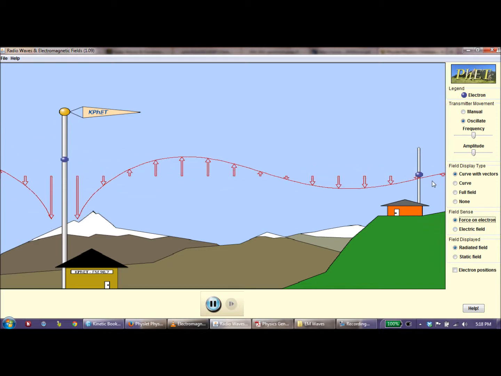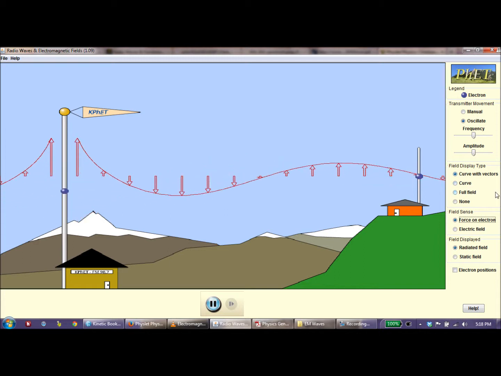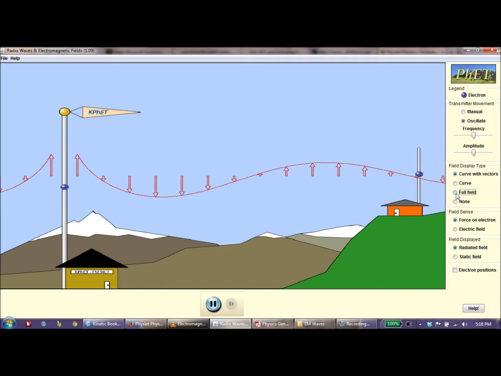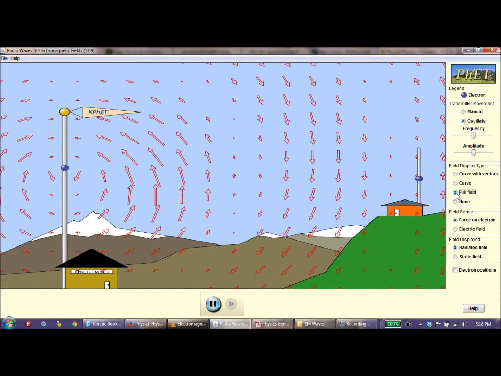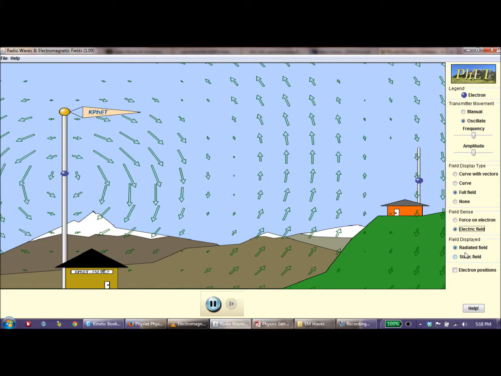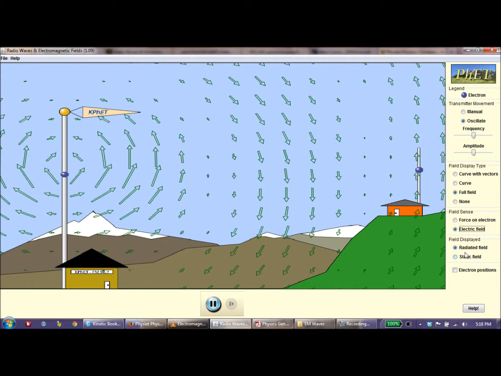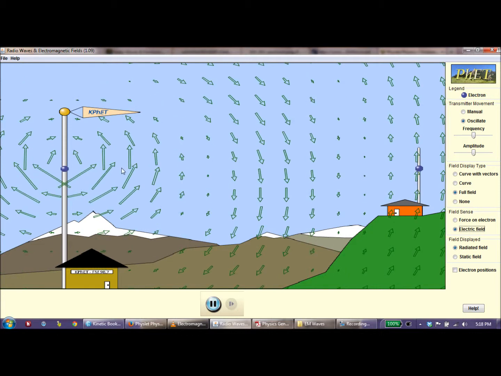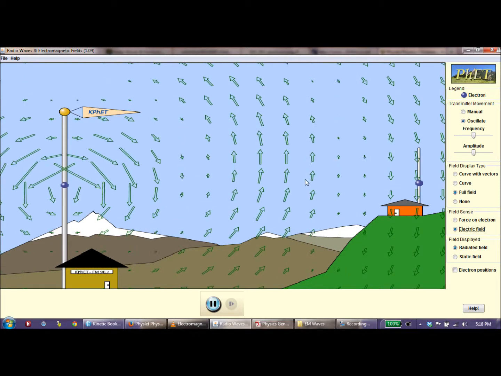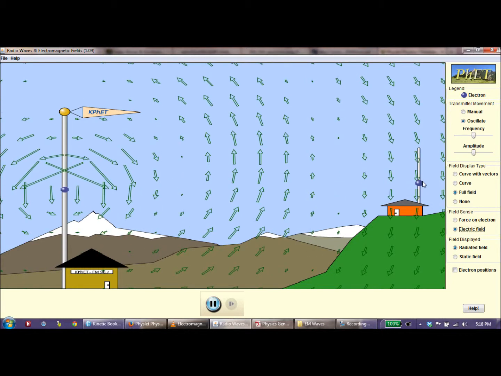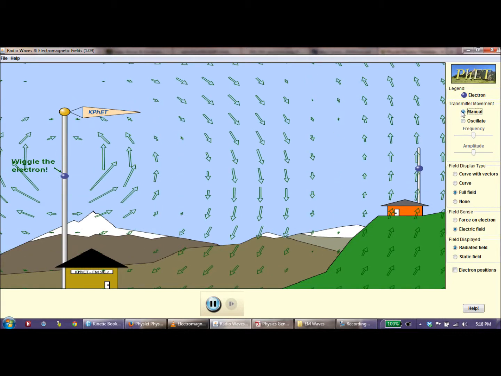This is looking at it as a wave. If we wanted to look at it as the field that it creates, here is the electric field that moving electron is creating. Because remember, it's charged, so it's creating a field. You can see that field is propagating out, radiating out from that electron, and that's what's causing the other electron to move.